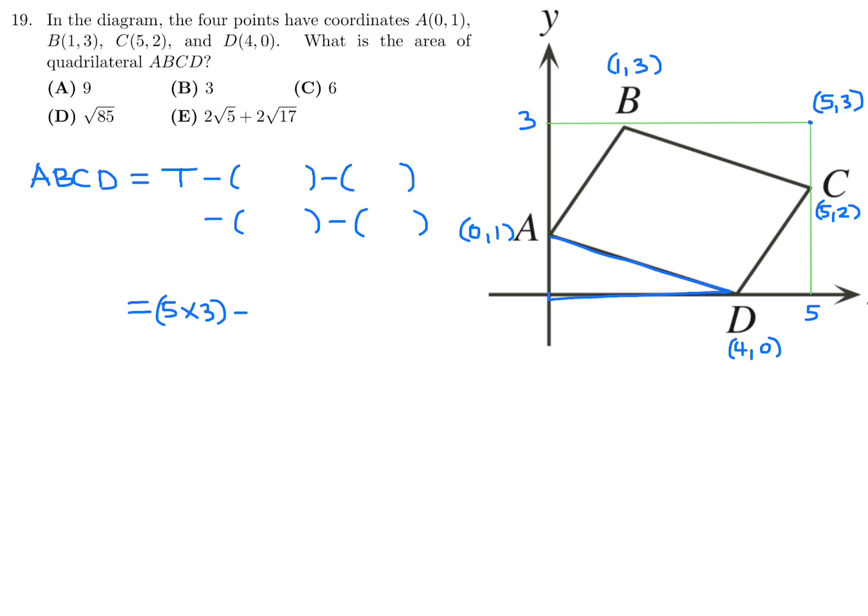So I can start anywhere really. Let's just start here. That one, the base is 4 and the height is 1. So it's 1/2 times 4 times 1. Okay? So very similarly, I'll do that for all the other ones. This triangle right here, the base looks like 1 and the height is 2.